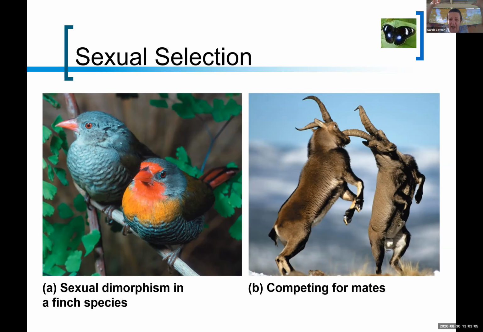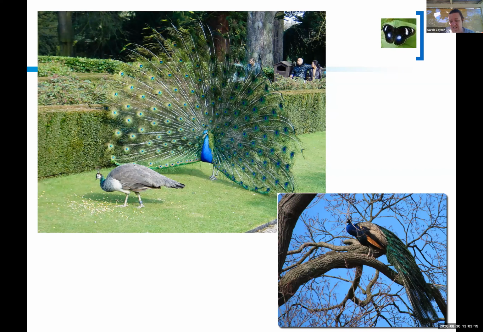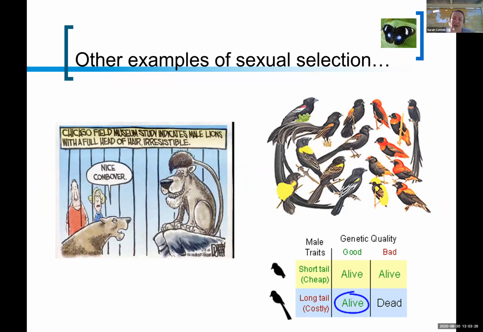Can you imagine how difficult it must be to get through the forest with your antlers getting caught on everything all the time? Hello, huge disadvantage. Okay, and yet that persists, right? The same way that being big and fancy is a huge disadvantage when it comes to predators, and yet that still exists. Why? Well, here's the why. So funny cartoon on the side.